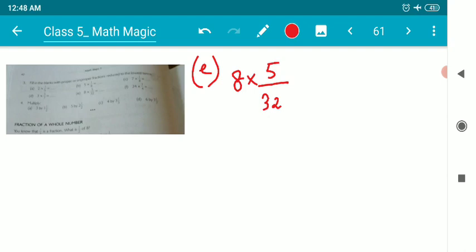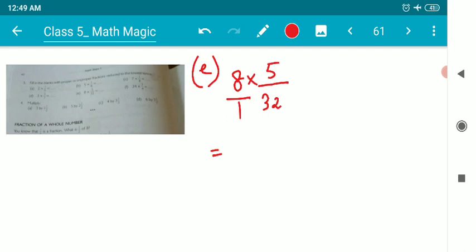So our question is how to find the product of these two numbers. Okay, children, so 8 I'm just expressing as 8 by 1. Now we are going to multiply 8 and 5, and 32 and 1. That we can simply do. But here is one thing that I must say. One thing can be noticed over here.